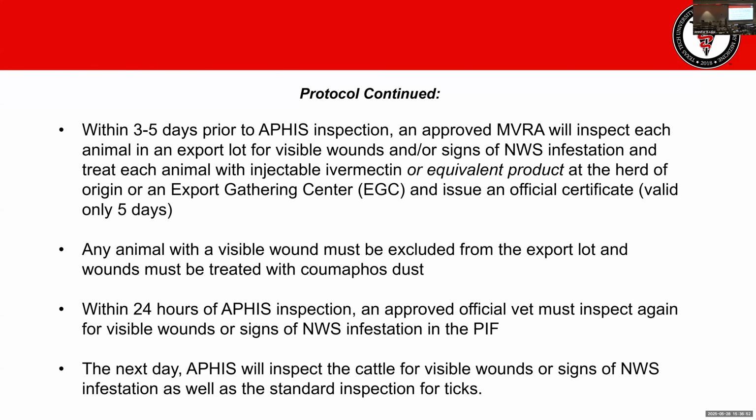So the standard has been set pretty high. Once they're inspected and treated with ivermectin, if they've passed all that, then they move to the pre-export inspection facility. I assume on every port, it's right next door. So it's very close.